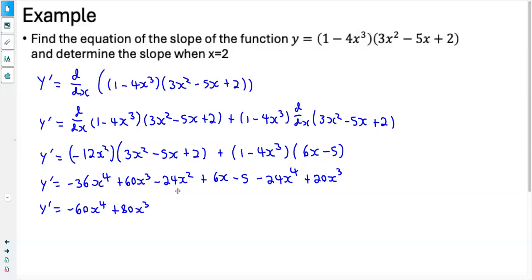And then we've got negative 24x squared and a negative 24x squared. That should give us negative 48x squared.